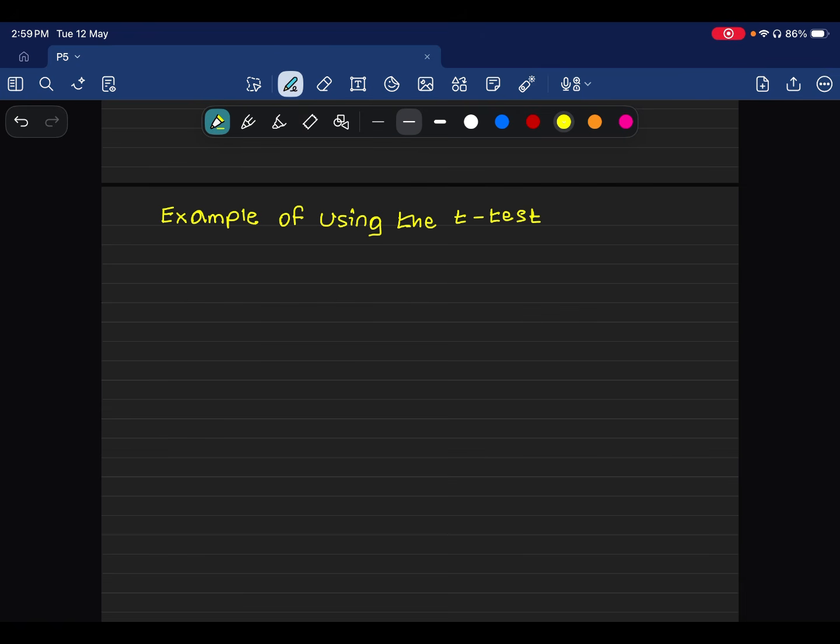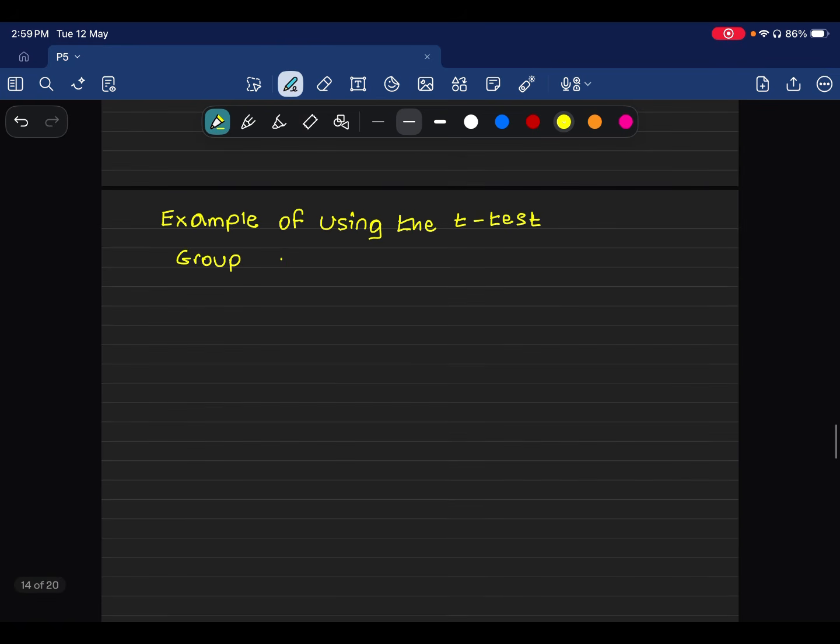Let's say, obviously, we now know that we need to have two sets of data to be able to perform this. So let's say I have one set of data, I call this group one, and I have the other set of data, I call this group two. Now, in both of these groups, I basically have students whose heights I am measuring. And all of these heights I'm measuring in centimeters.